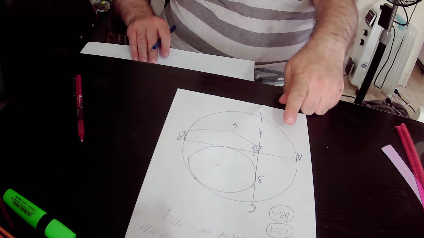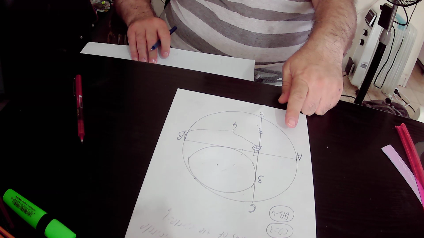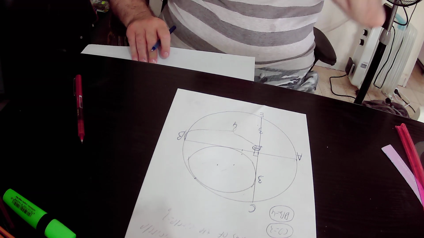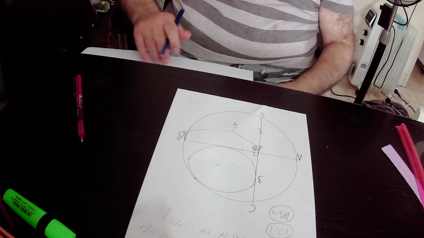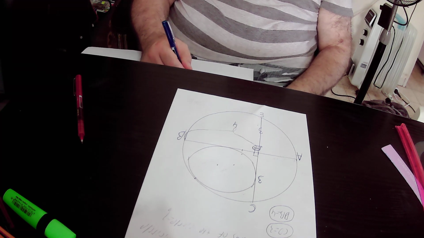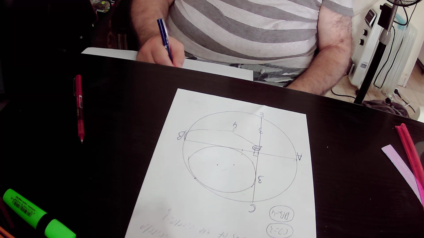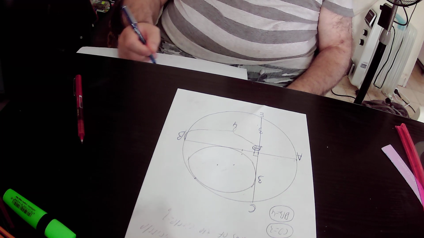Here AD is the missing line segment, so we leave it as it is, times DB. DB equals to 4 units according to what is given us in the question, so we will substitute DB by 4, and it is equal to CD.